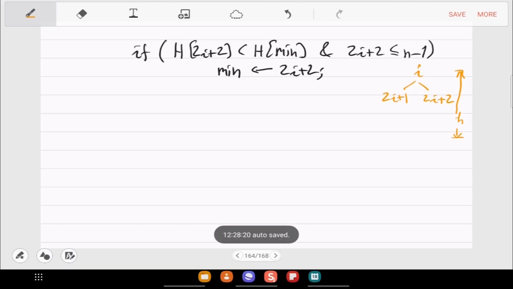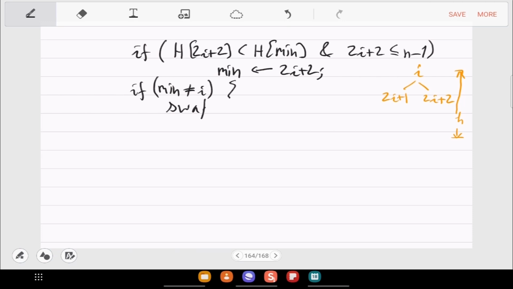You have checked all three, pick the minimum, stored in min till now. So if minimum is not the ith node, then you have to swap. So swap Hi and H min.